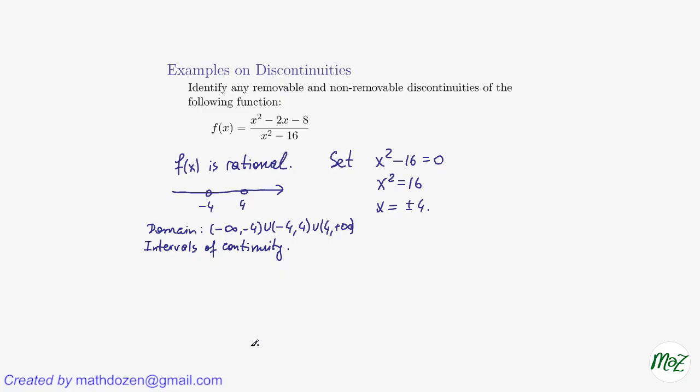And now what we can investigate is if any of those two discontinuities is a removable discontinuity. So for that, let me factor both numerator and denominator. Looks like the numerator could be factored into x minus 4 times x plus 2. So we need to investigate if the limit as x approaches -4 of this function exists.